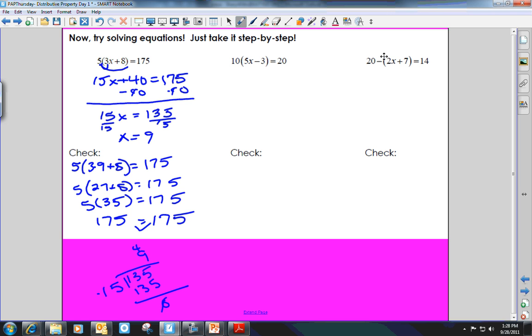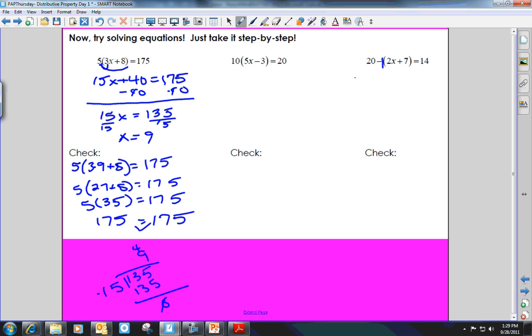We have to pretend that there's a 1 here. Okay, this is -1 times 2x plus 7. So what we're going to do here is use our distributive property to distribute -1 to both this one and this one.